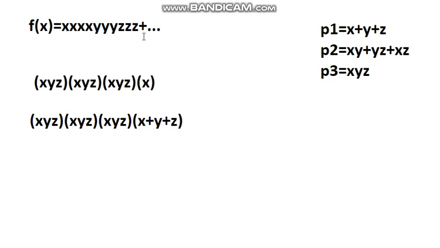If something else appears there, we will do the same thing, we will cancel, cancel, cancel, and then the power will decrease, it will become less, and we will do the same thing for the lower power, and then we will go to the first power, which is p1, and cancel it, and get 0.